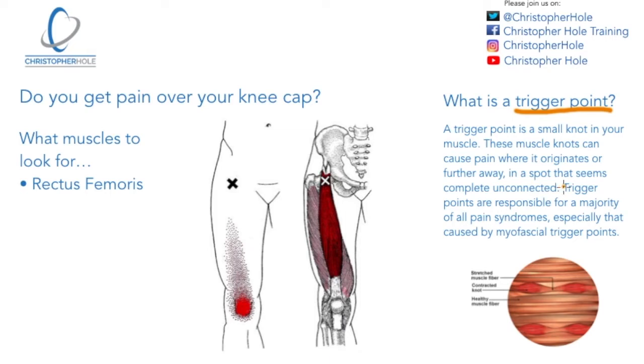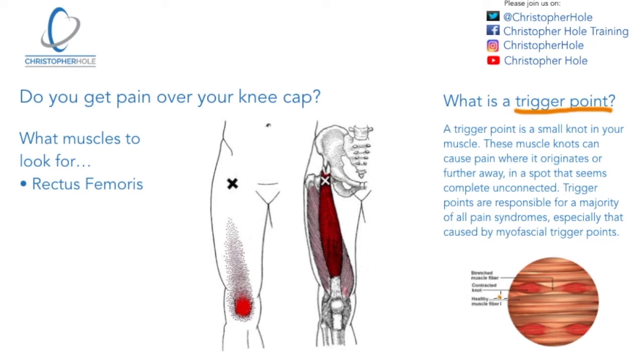So if we focus on the trigger point first, either it is the trigger point and it gets better, or we work on it and it's not getting any better, so we know we then need to look at something a little bit more serious. But right now, we don't want to scare ourselves or jump to any conclusions. We just want to start simple, focus on the trigger point and then take it from there.